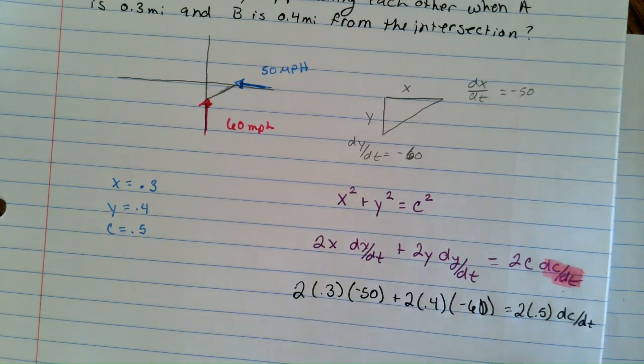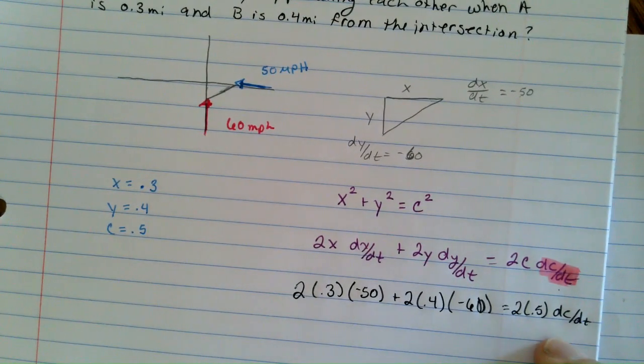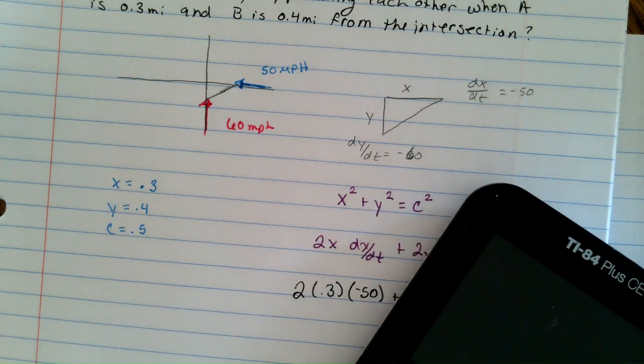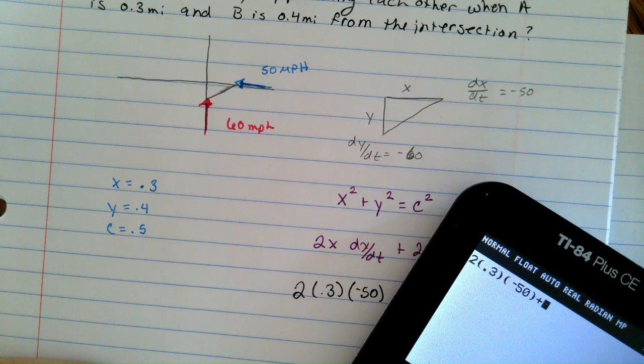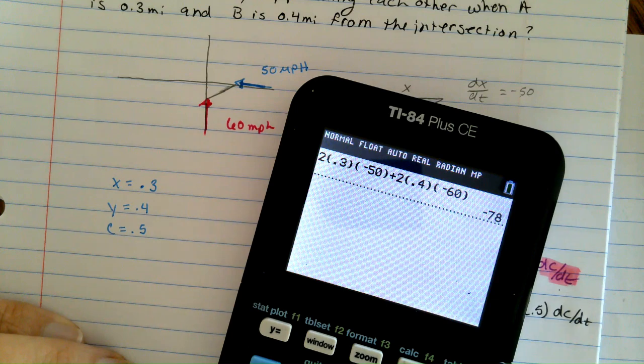Okay, well 2 times 0.5 is 1. So that's pretty easy to do, right? Two, 0.3, negative 50. 2, 0.4, negative 60. Oops. Use those parentheses, right? Negative 78.